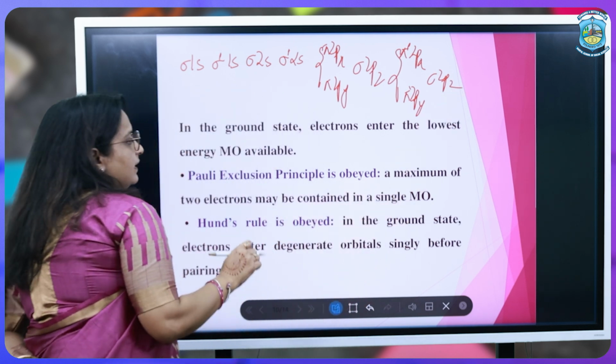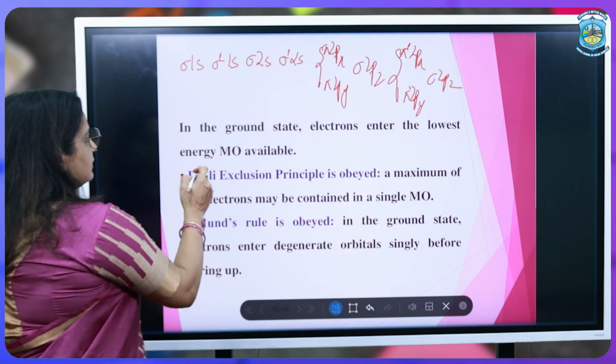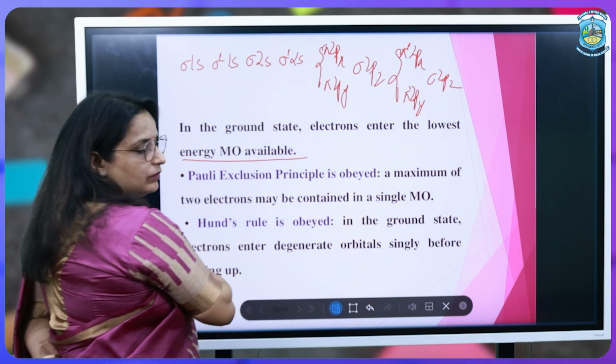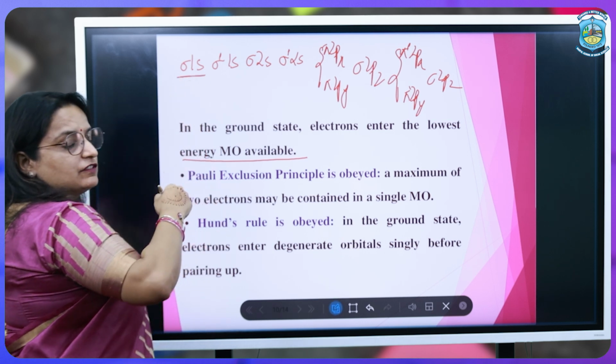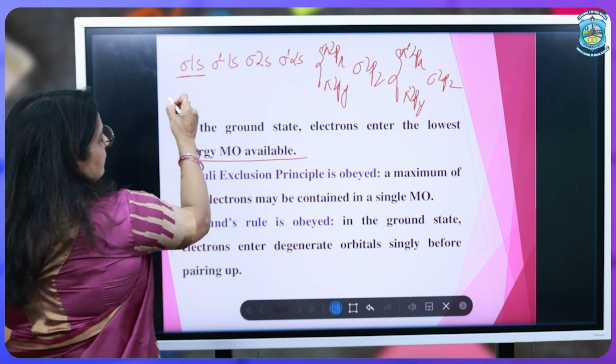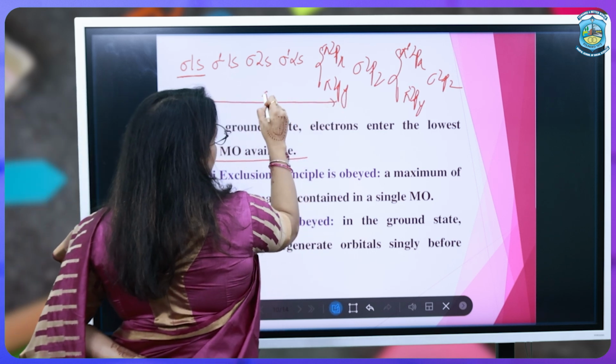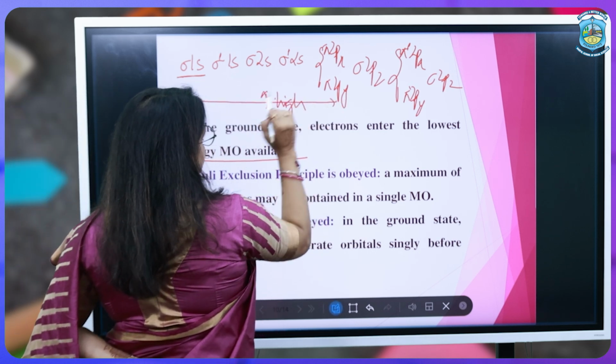The first one is that in the ground state, electrons enter the lower energy molecular orbitals available. So we are going to start filling from sigma 1s, which is the lowest energy, and subsequently we move towards the higher energy.